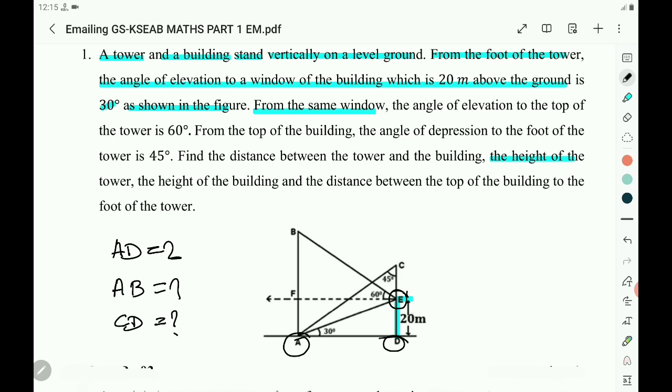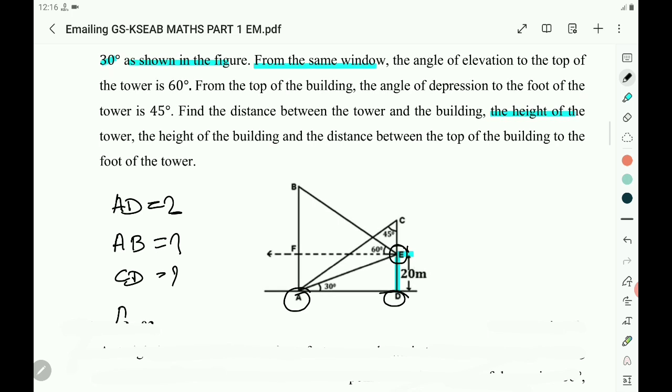And distance between the top of the building and foot of the tower. Distance between the top of the building C and foot of the tower A, that is AC. AC equals question mark. What we have to find out?